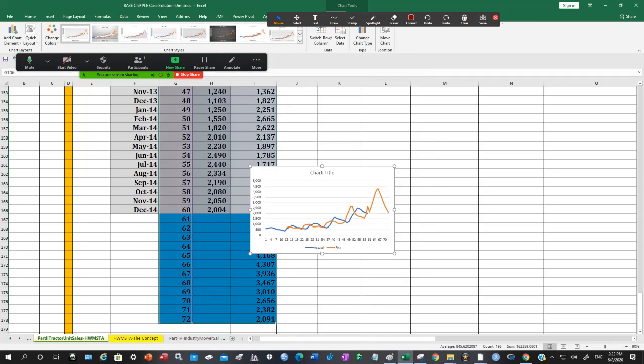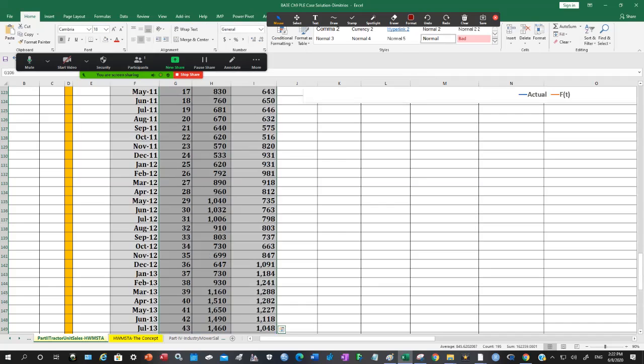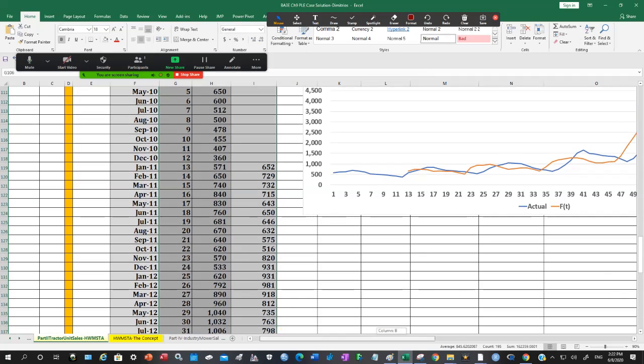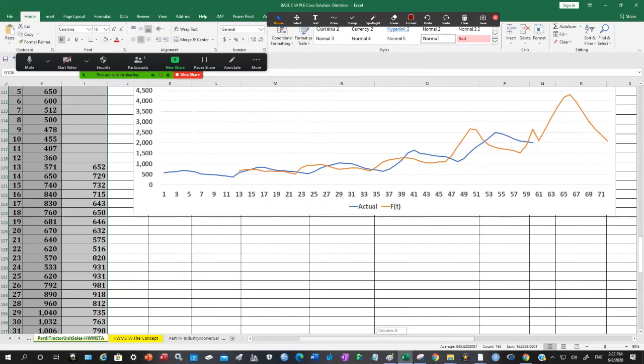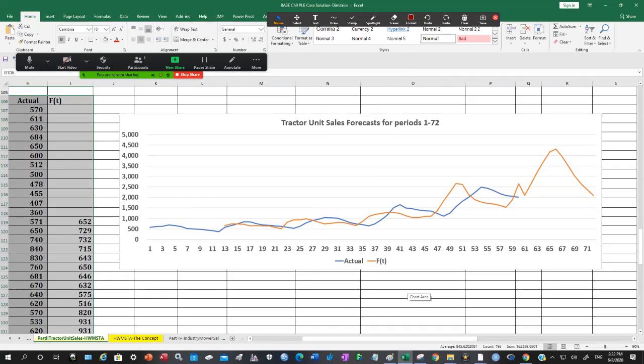And let me erase it because I have the whole thing over here. And this graph shows us the tractor unit sales forecast for periods 1 through 72. And we see that for the first 12 months, we only have actuals. Then we have in blue the actuals and in orange the forecasts.